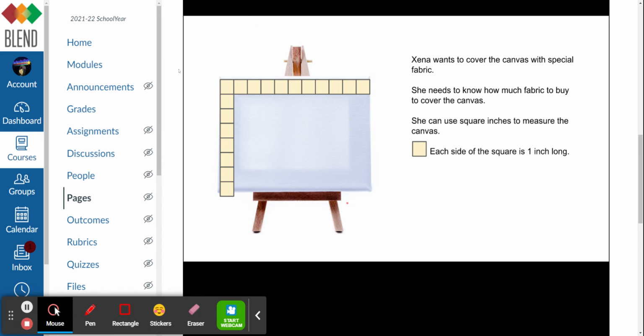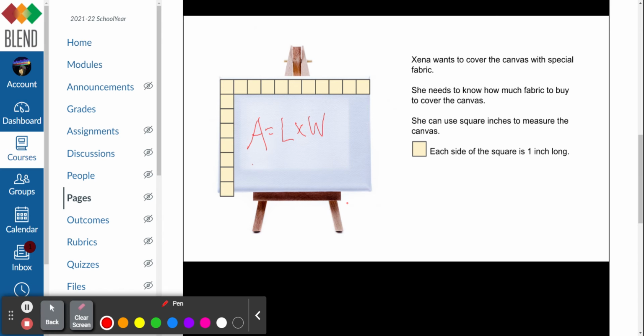So we have an 11 by 8 canvas. Don't mind that it's hanging over. So if we want to find the area of this canvas, area equals length times width. So area equals 11 times 8. So the area of the canvas is 88 inches.